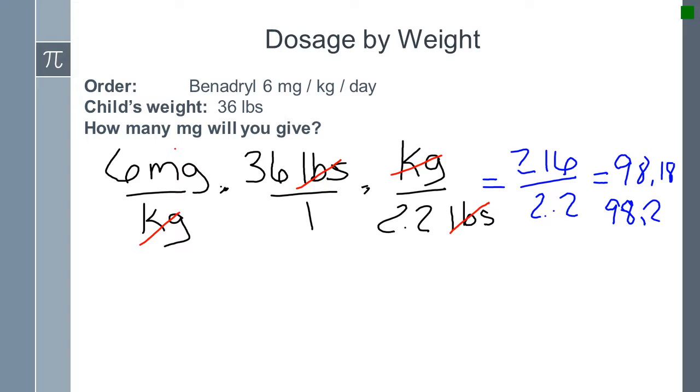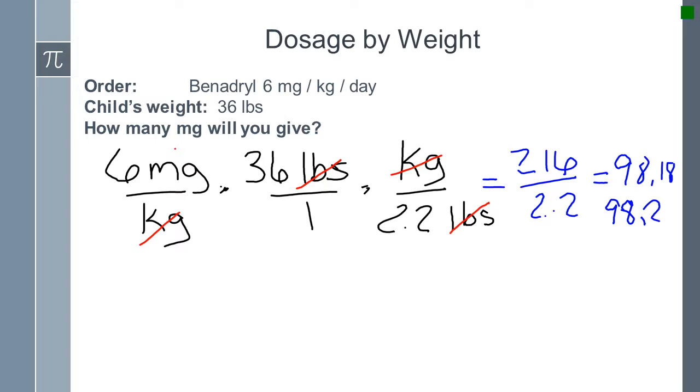Our child's weight is 36 pounds. So we're going to put it over 1 so that it looks like a fraction. Now there's nothing here we can cancel because we've got kilograms and pounds. So we're going to have to put a conversion in here.